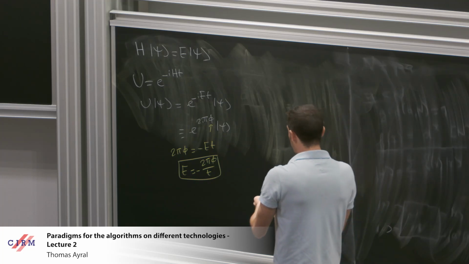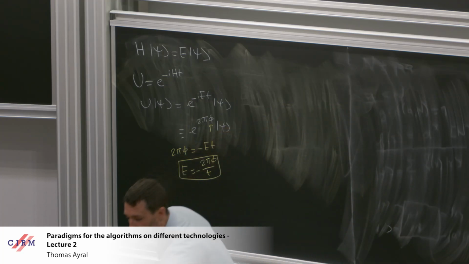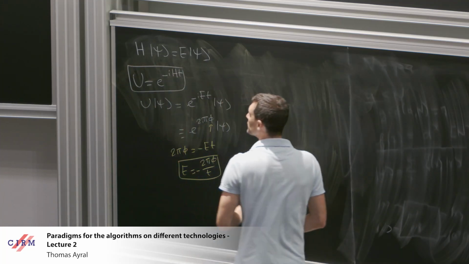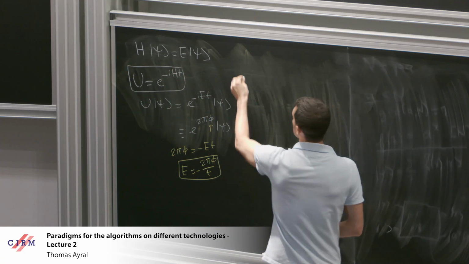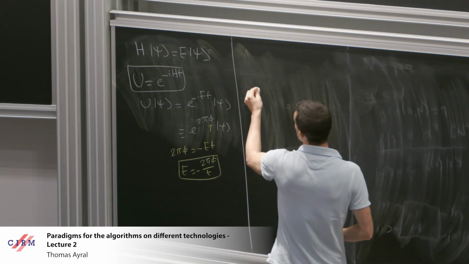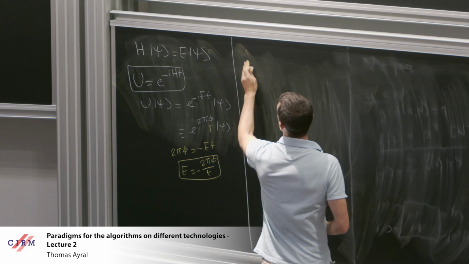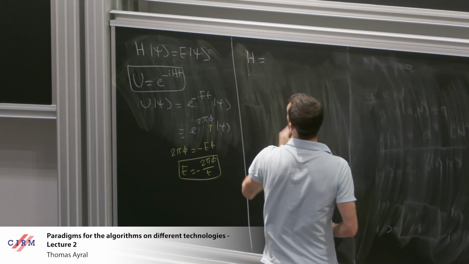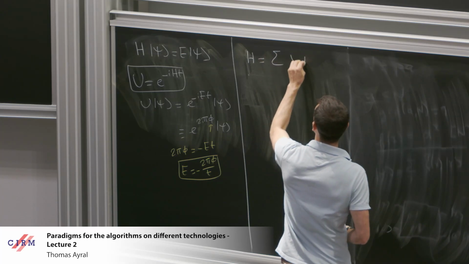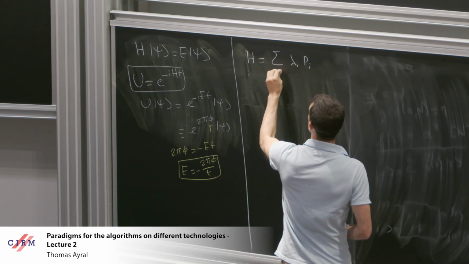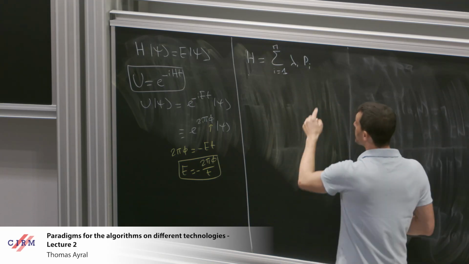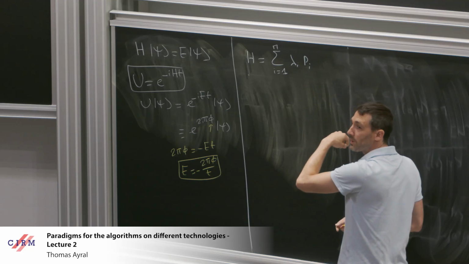But having said that, I've swept under the rug the fact that I need to find a quantum circuit to do this U here. Yassine already mentioned it, so I'm not going to spend too much time on it, but the simplest way to do so is to say, okay, first, I need to decompose my Hermitian operator H as a sum of products of Pauli matrices like this, and this can always be done because Pauli matrices form a basis of my Hilbert space.